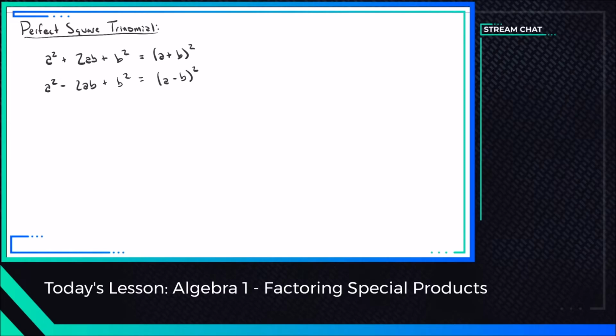So an example of each one of those, if you see something that looks like x squared plus 6x plus 9, that can be rewritten as x squared plus 2 times x times 3 plus 3 squared, which is going to be equal to (x plus 3) squared.